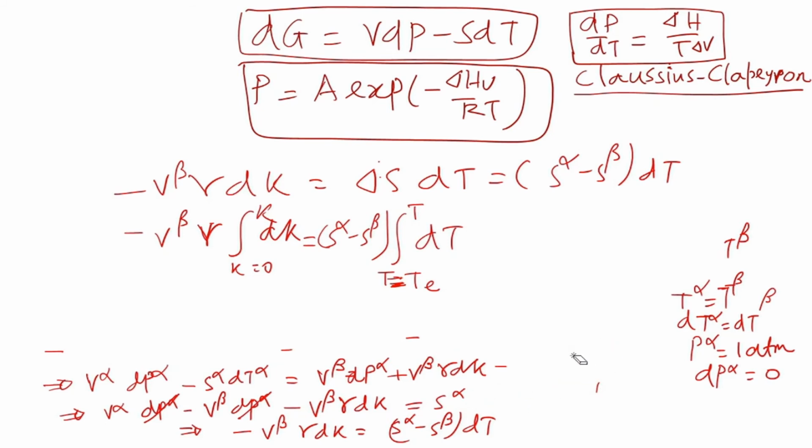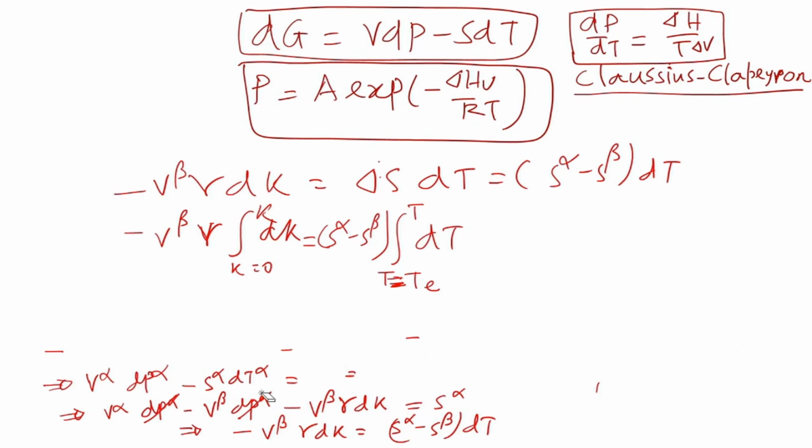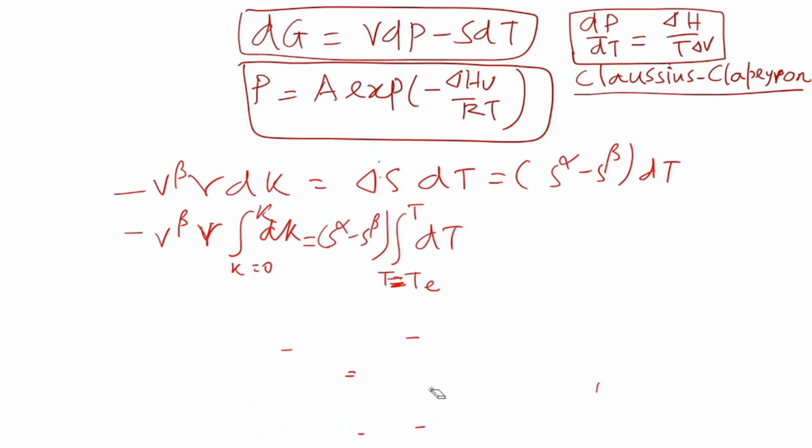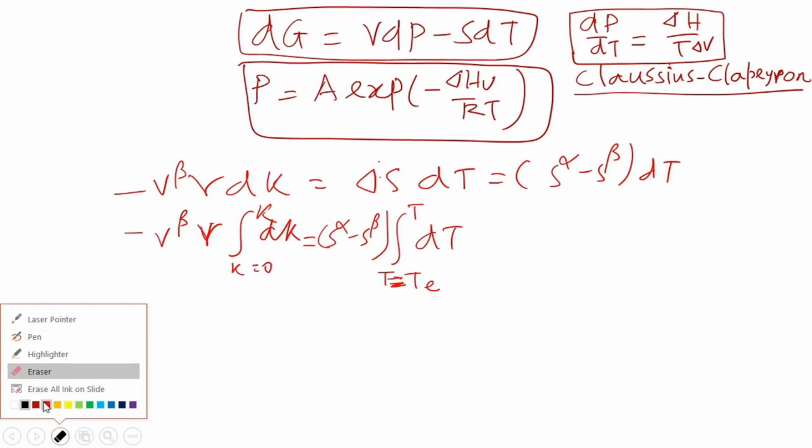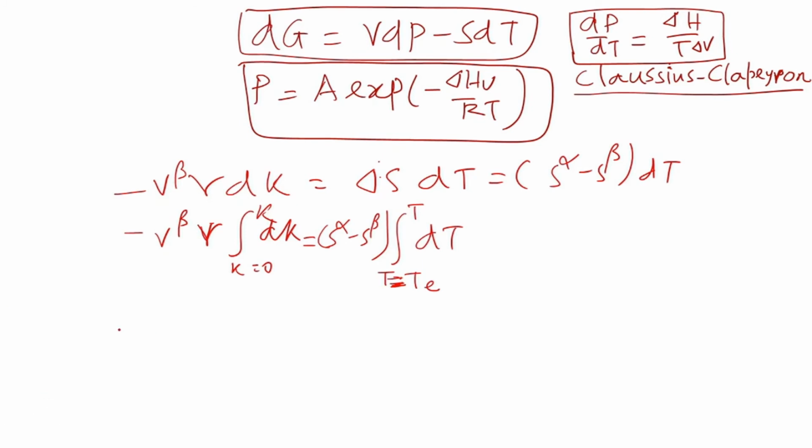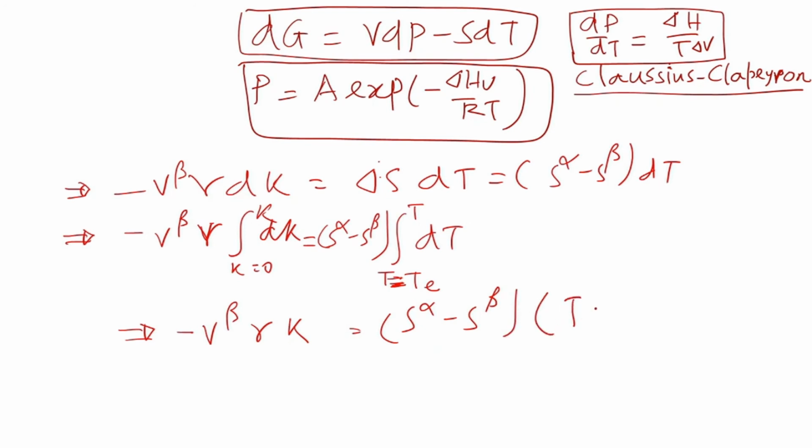So I can erase everything here now. Fine. So I can write down this: minus V beta gamma kappa is equal to S alpha minus S beta into T minus TE, right.